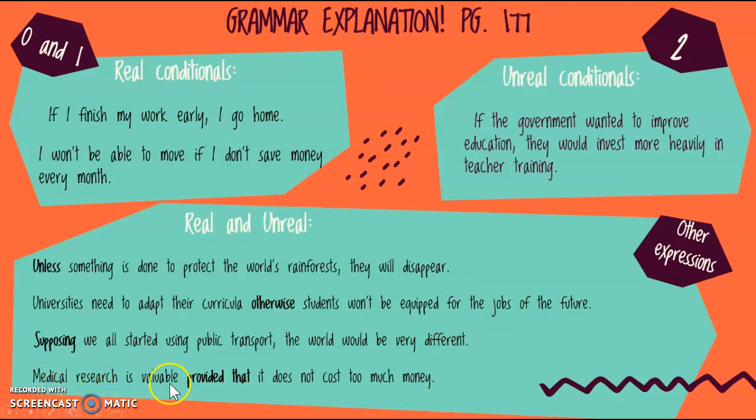Medical research is valuable provided that, dado que, it does not cost too much money. A cause and a consequence. The cause is that medical research is valuable provided that it doesn't cost too much money.